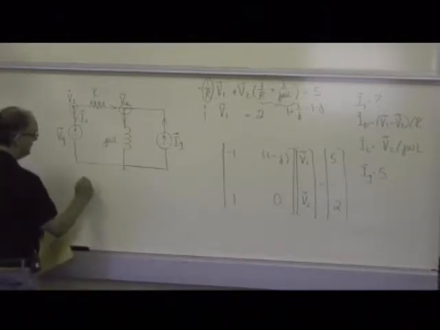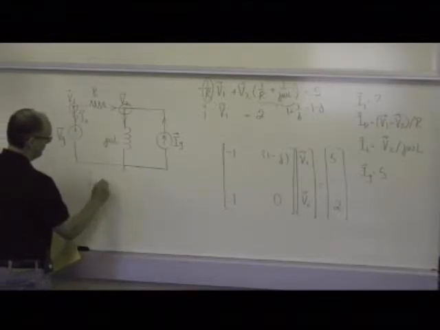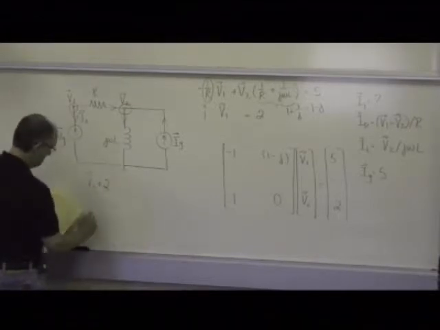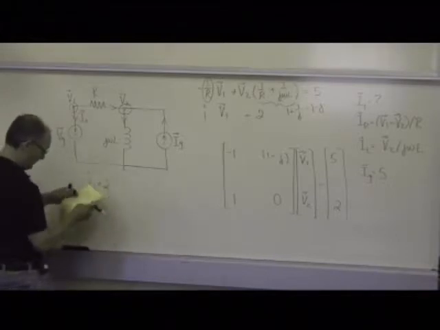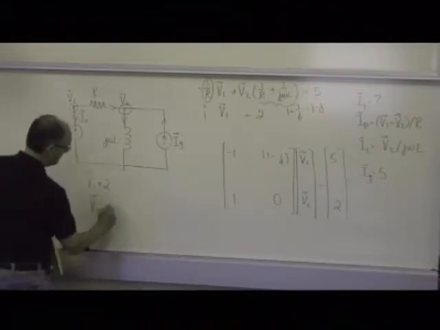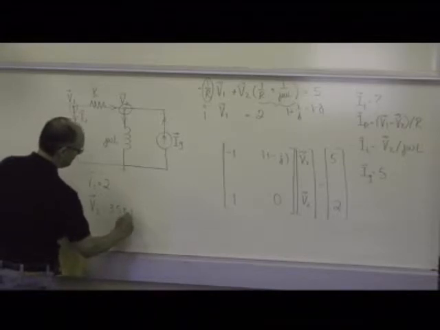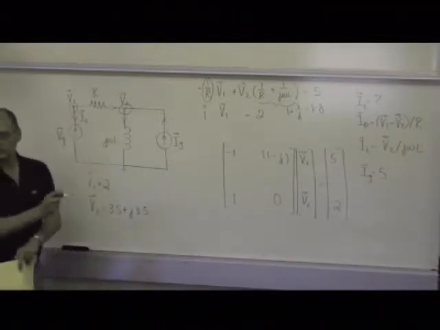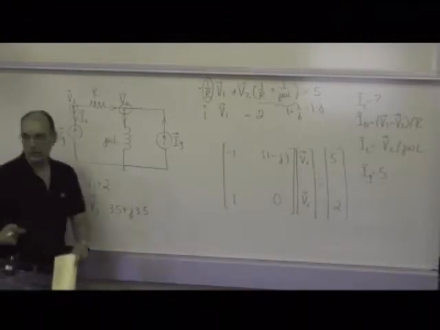Well, V1 is going to be equal to 2, obviously. V2, which is what I'm interested in here, is 3.5 plus j 3.5. That's what MATLAB is going to give you. Do you want to keep it in that form?